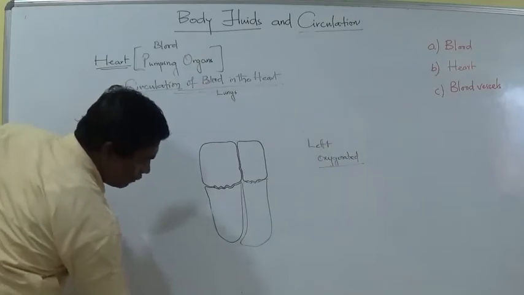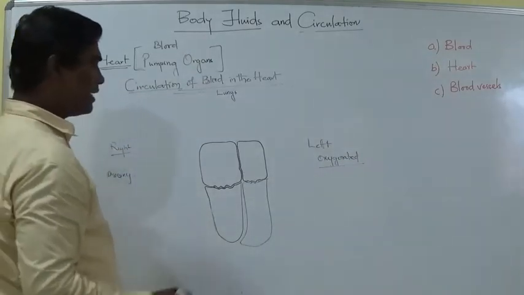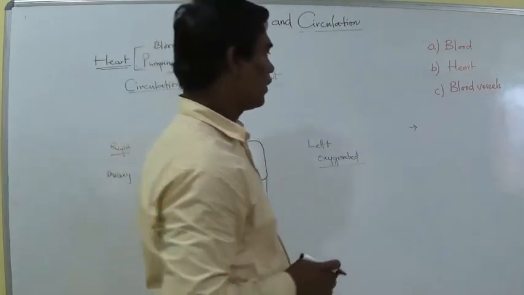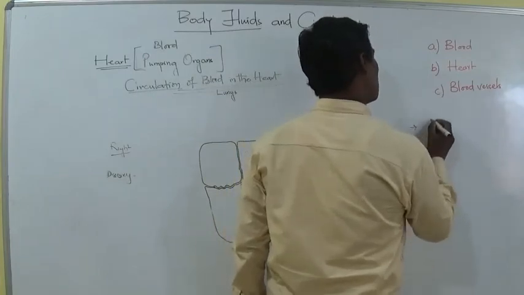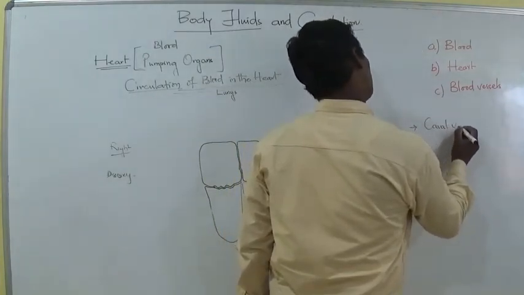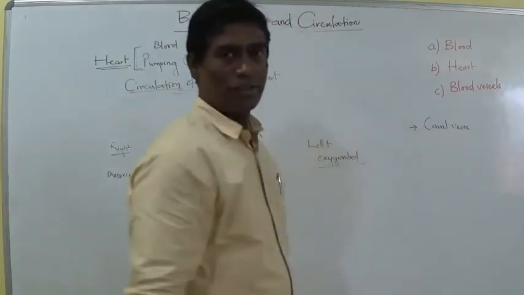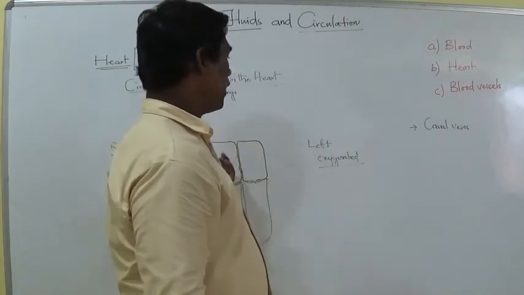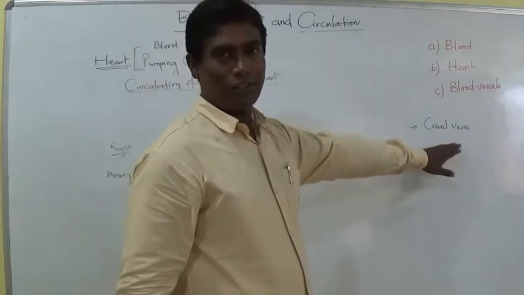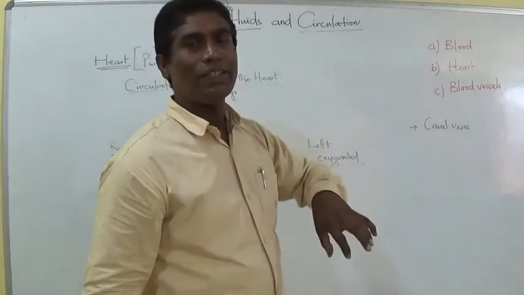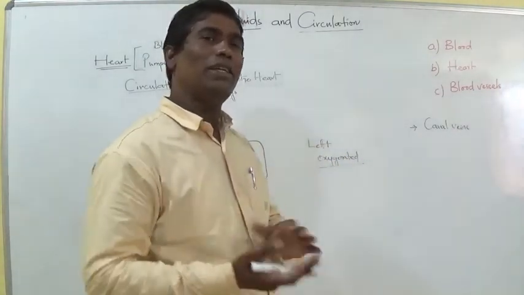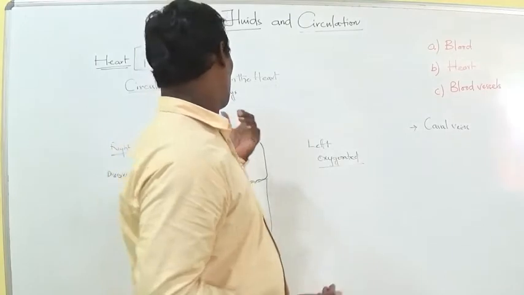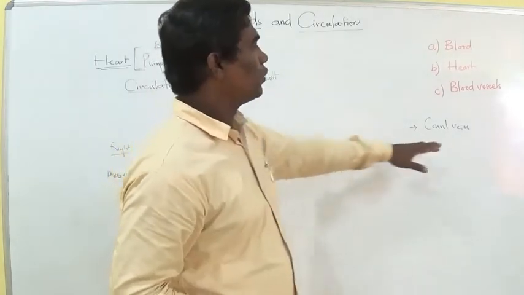The blood from the body parts is usually received by a set of larger veins that are called caval veins. So the impure blood from various parts of the body is poured into the heart, particularly the right chamber, through caval veins, through the systemic circulation.